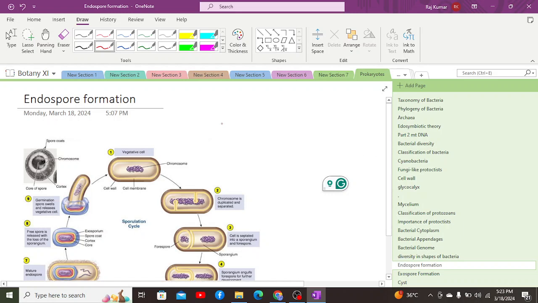Today we are going to discuss endospore formation. First, we need to understand why certain bodies are formed in unfavorable circumstances, and what bacteria do in order to survive them. In favorable circumstances, bacteria have their normal metabolism going on.